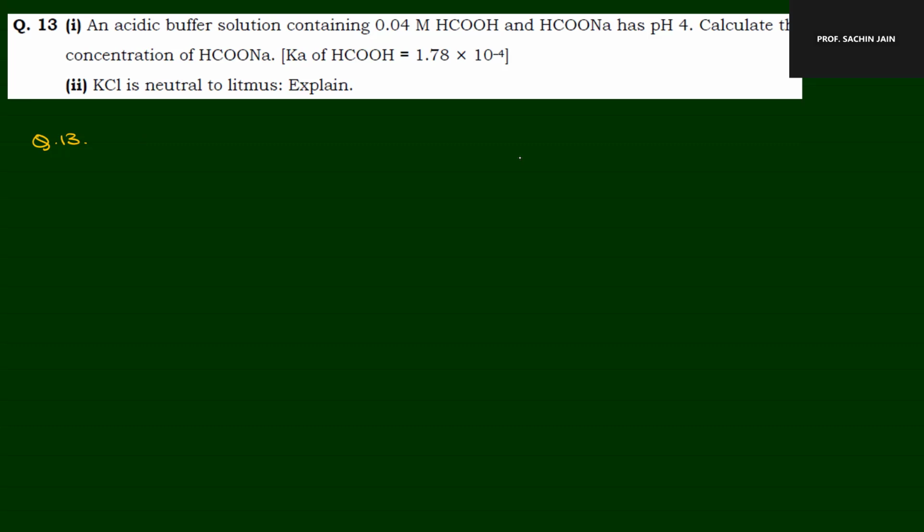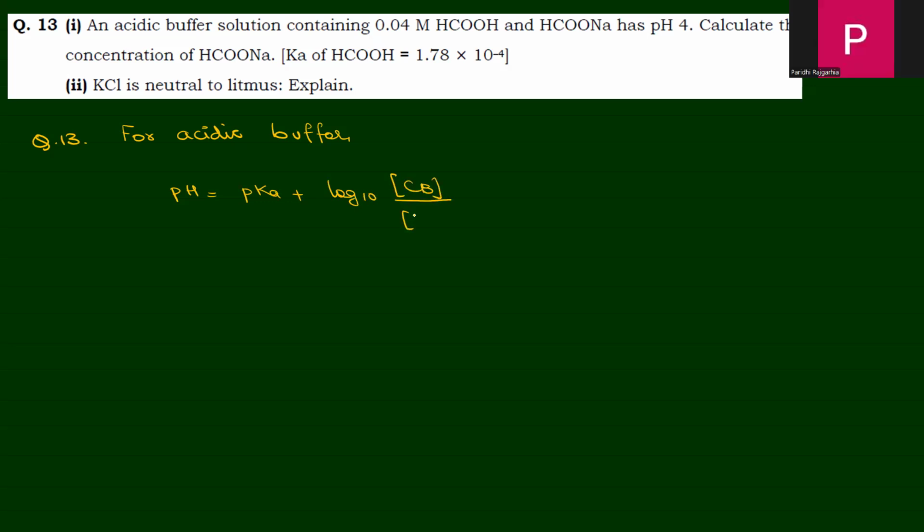Calculate the concentration of the sodium formate. Ka is given. So it is an acidic buffer question, meaning you will be using the acidic buffer equation. What is that? pH is equal to pKa plus log of conjugate base by weak acid.